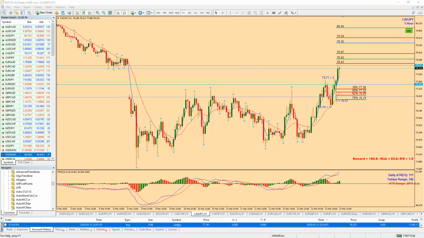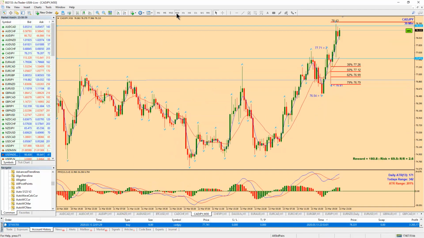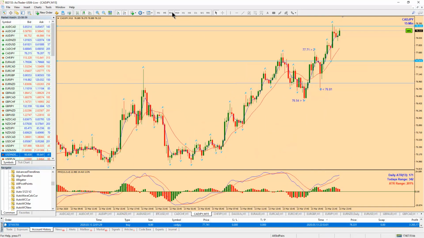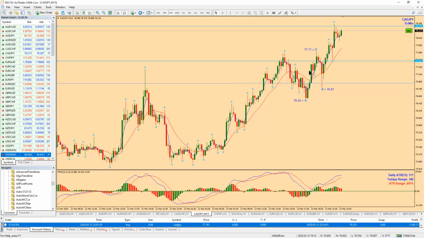Let me see if I can catch some pips real quick. So I dropped down to the 15-minute time frame and saw this 1, 2, 3 develop. At that point, I was looking to enter on the retrace. So let me just put the 1, 2, 3 back on so we can see the retrace values.